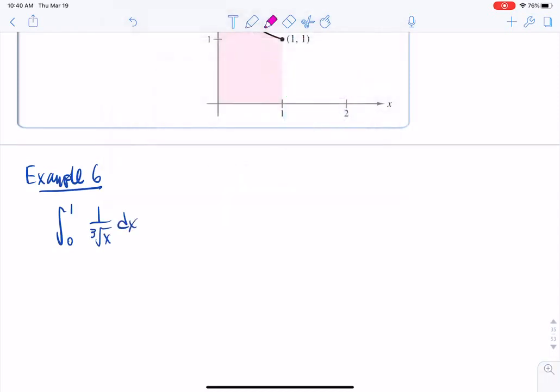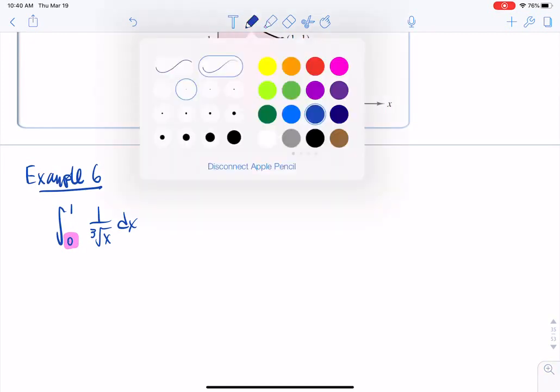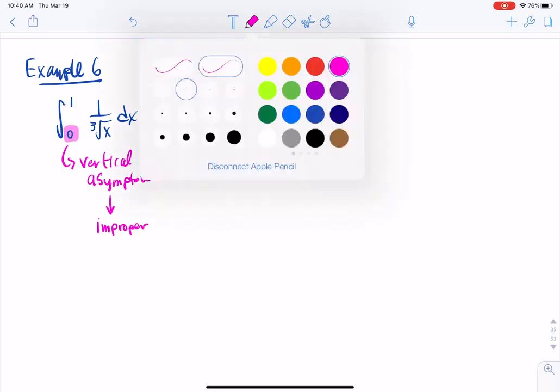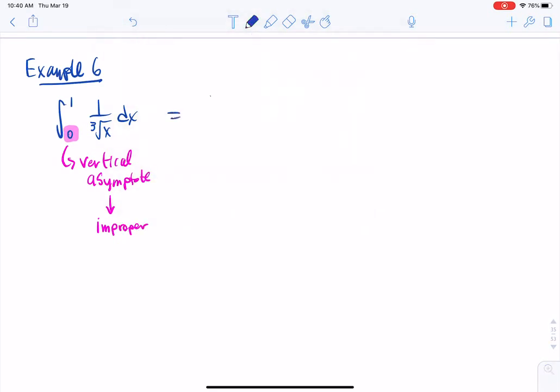And what makes this thing improper is that we have ourselves a vertical asymptote here, so we need to turn this thing into a limit. So we'll turn it into a limit.